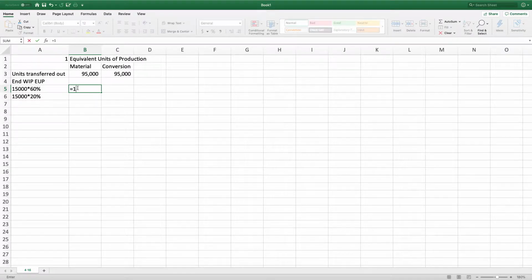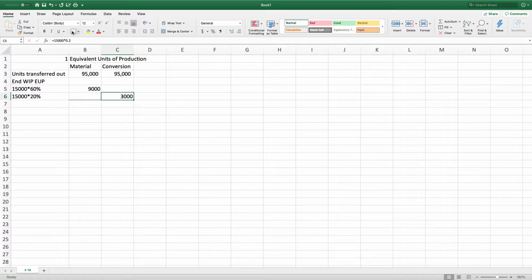If we take our 15,000 times our 0.6, we get 9,000 units with respect to material in ending WIP. And then we do the same thing with conversion costs: 15,000 times 0.2, because they're 20% completed with respect to conversion costs, we get 3,000.